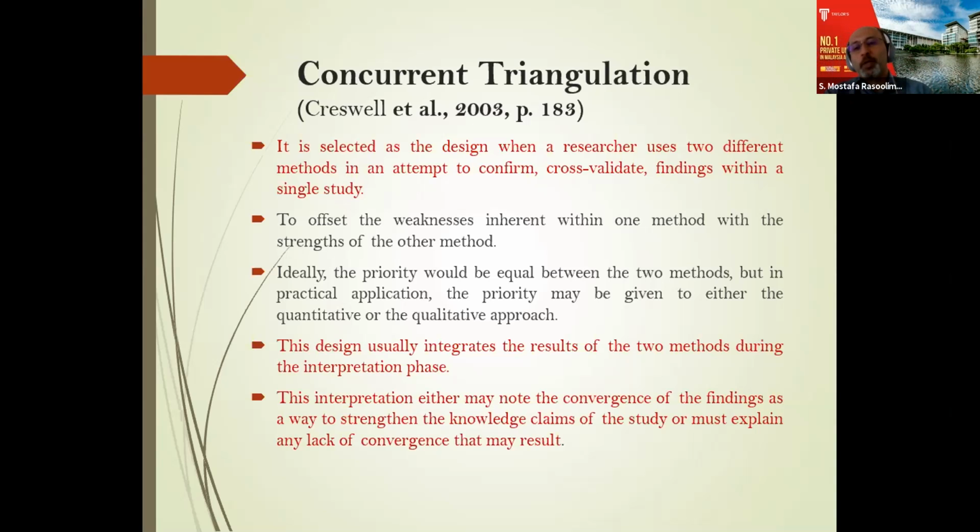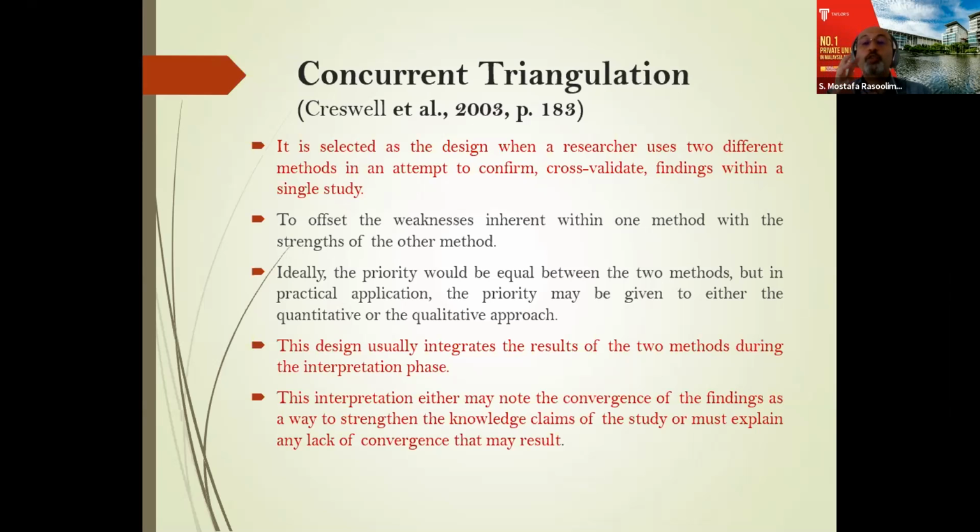But this concurrent triangulation is not suitable for developmental, right? Because for developmental, we need to validate, we need to test the result of qualitative in quantitative. We need to generalize the result of qualitative in quantitative. So it cannot be concurrent. So this is the reason Dr. T and I explained scale development. If your purpose is scale development, it cannot be concurrent triangulation and should be sequential.